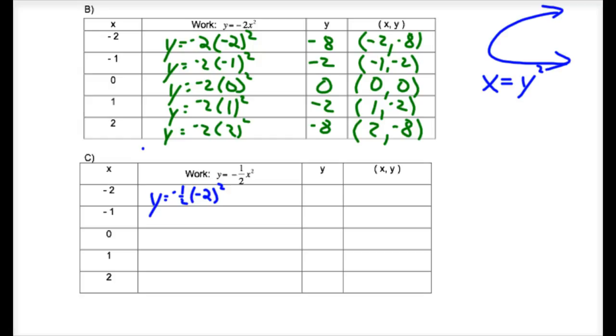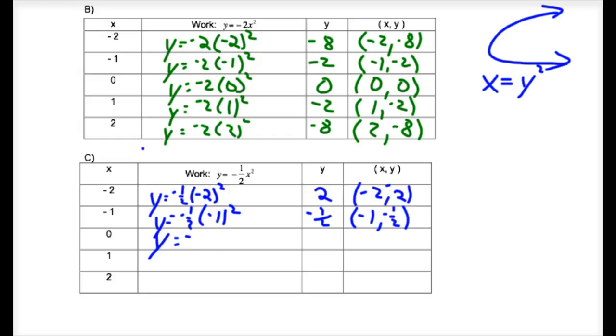Let's do this stuff. So it's 4. What's half of 4? 2. Isn't it negative 2, negative 2? Yeah, it's negative 2. My bad. It's negative a half times negative 1 squared, so that would be negative a half. So at x equals negative 1, y is negative a half.